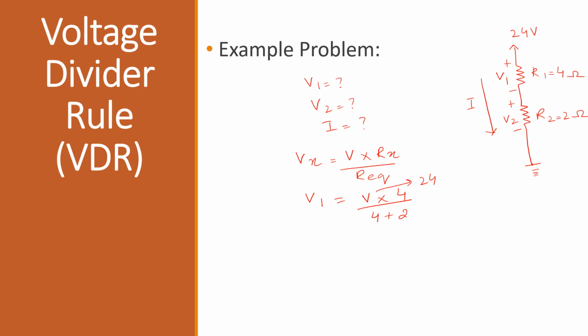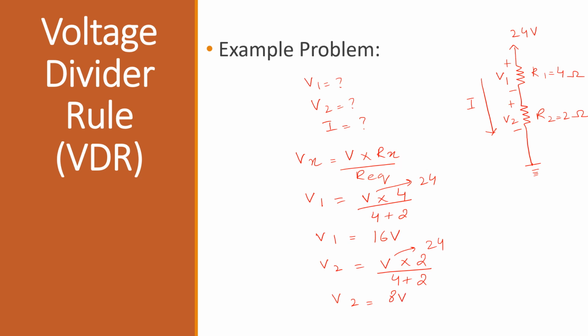After solving, we get V1 equals 16 volts. Similarly, for V2, this formula will become V multiplied by 2 divided by 4 plus 2. Again, V is 24 volts. After solving, we get V2 equals 8 volts.